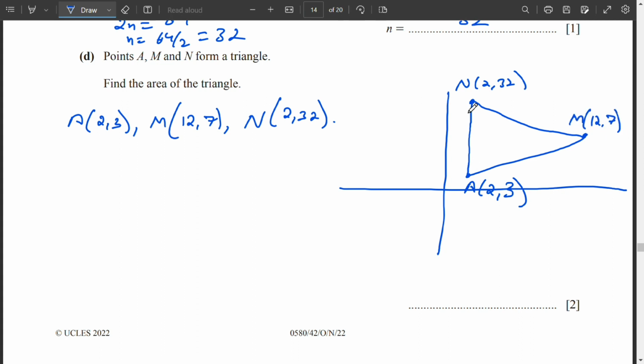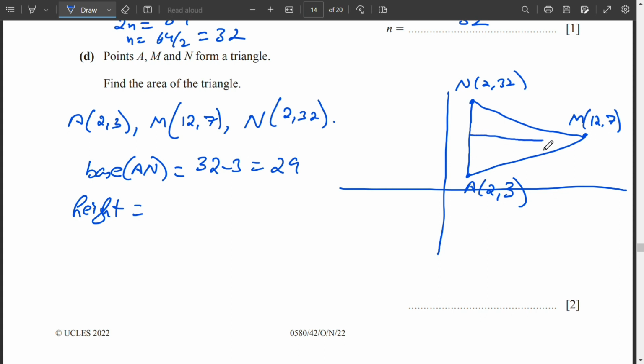Now see, this is the base of the triangle, AN. So what's the value of AN? We can see the coordinate is 32 and this is 3. So to find the base, which is AN, that is simply the y interval, 32 minus 3. 32 minus 3 is 29. And about the height, see, height is actually this part.